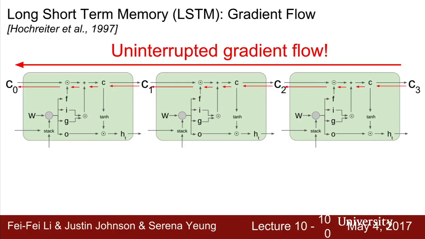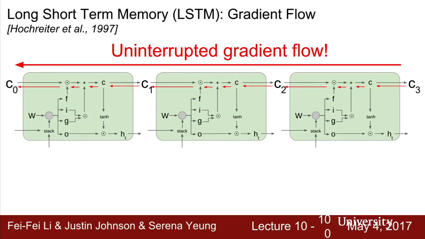Then just in the vanilla RNN case, we'll end up adding those per time step W gradients to compute our final gradient on W. But if you imagine the situation where we have a very long sequence, and we're only getting gradient at the very end of the sequence, then as you backpropagate through, we'll get a local gradient on W for each time step. And that local gradient on W will be coming through these gradients on C and H. So because we're maintaining the gradients on C much more nicely in the LSTM case, those local gradients on W at each time step will also be carried forward and backward through time much more cleanly.